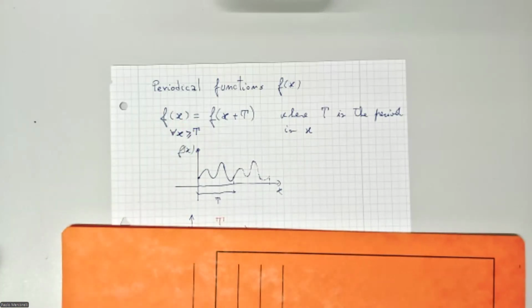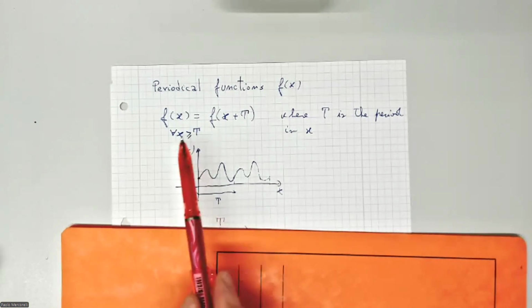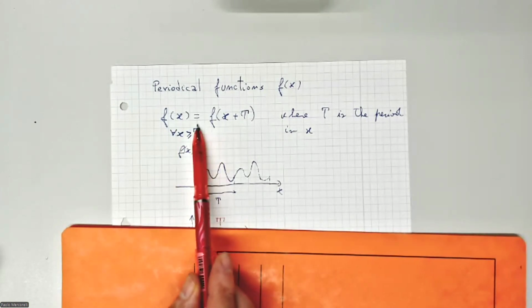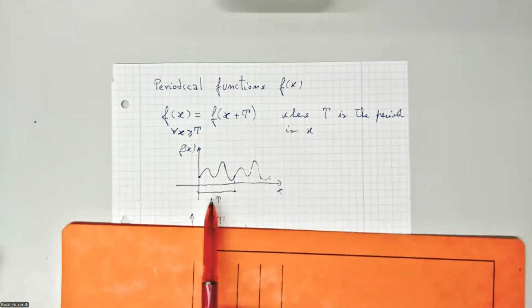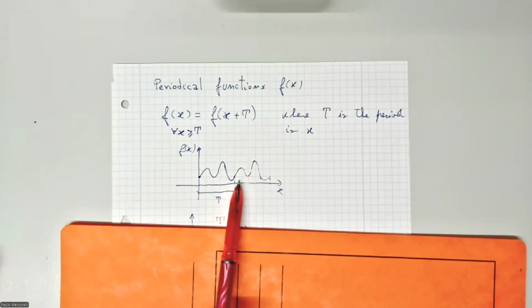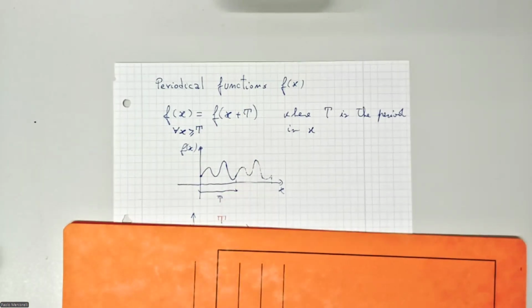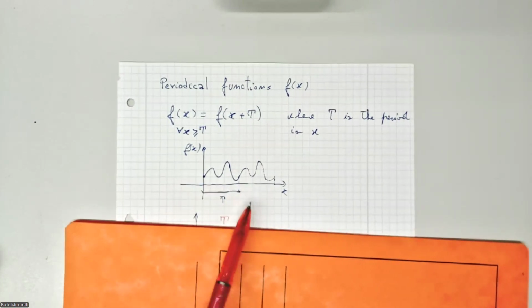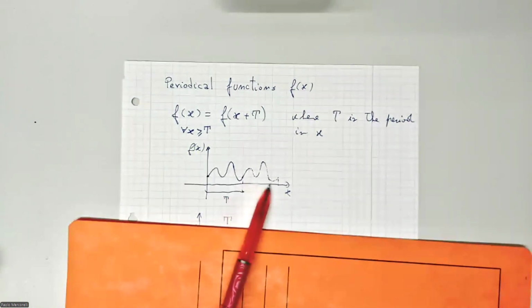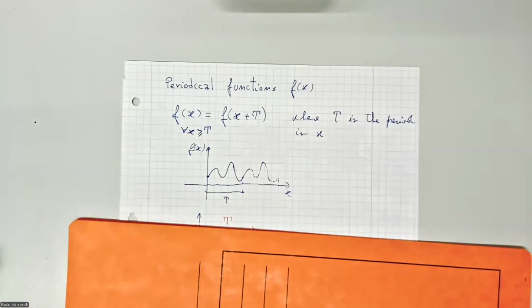A periodical function is defined as f of x equals f of x plus t, in which t is the period. This means after t, I will reobtain the value as before. Basically, this value here is repeated at t, and so on, until infinity.